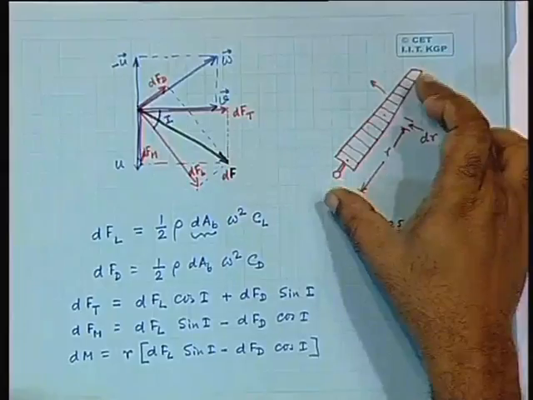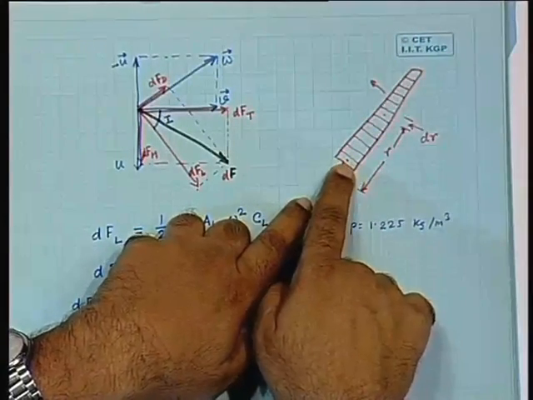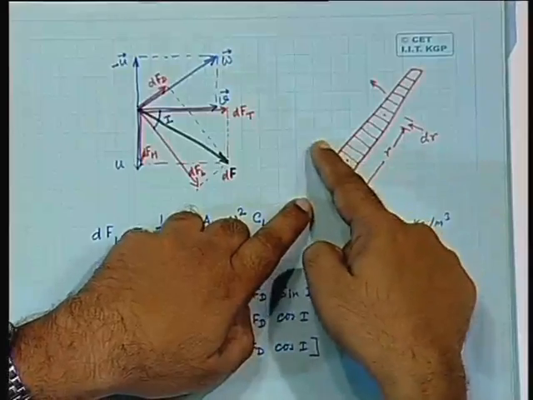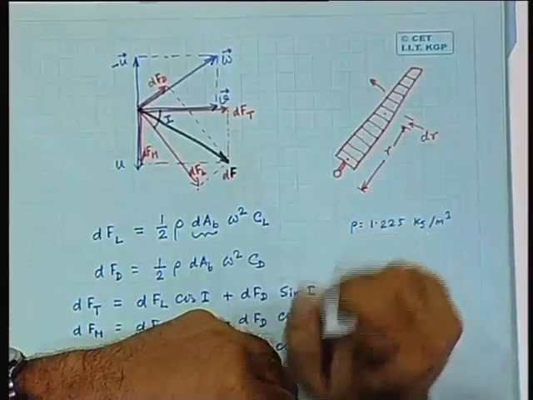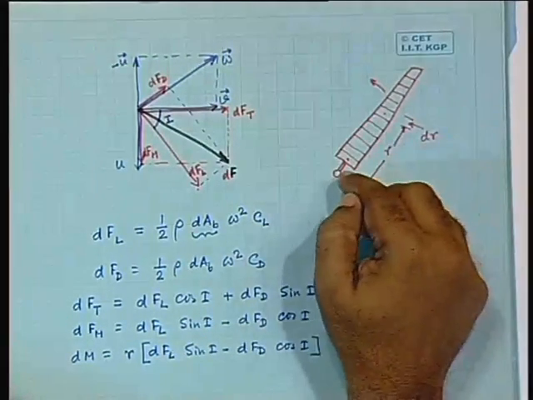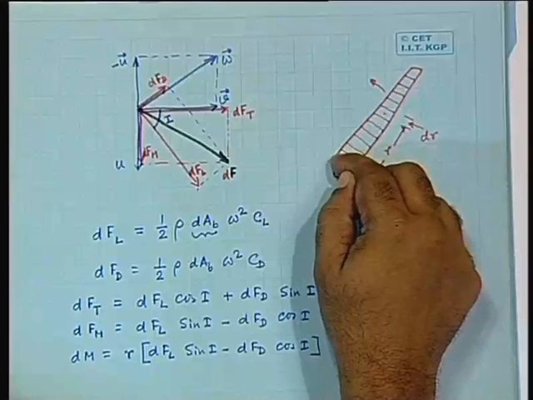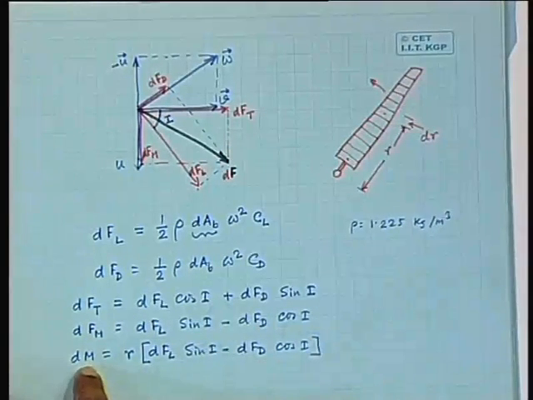Because along the blade the linear velocity u changes, there would be a few implications. One, at this point and at this point, the moments will be different.